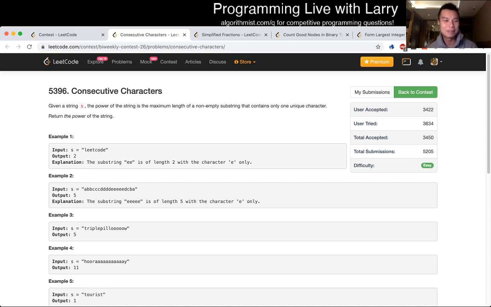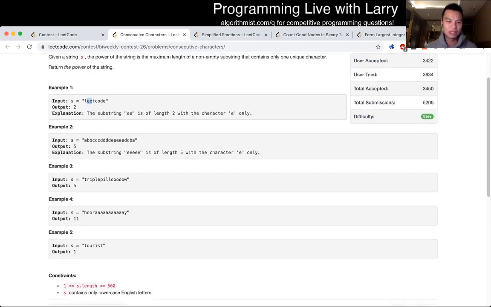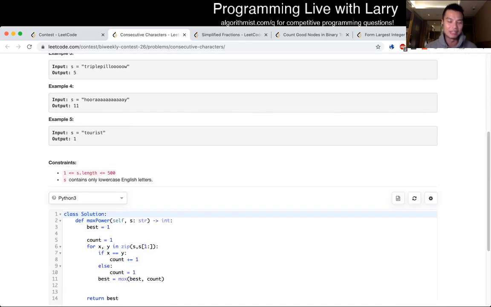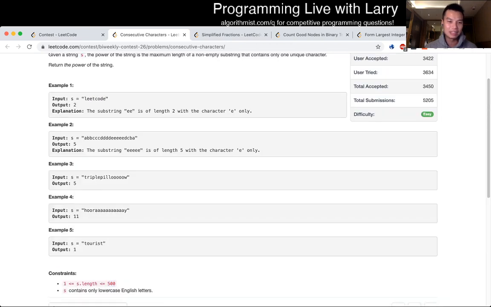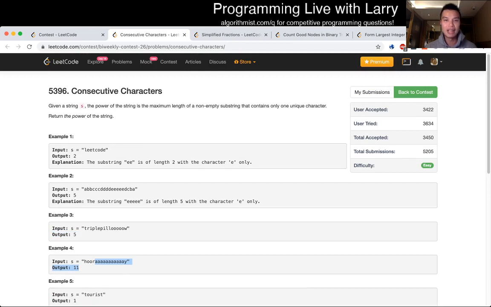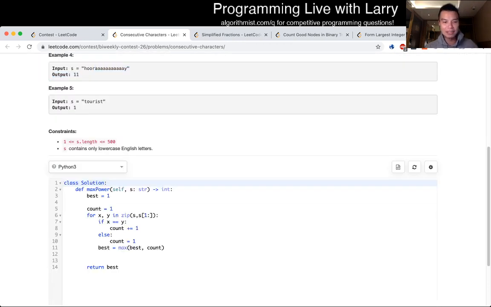Consecutive characters. For this one, it's pretty straightforward. It's just counting the max number of consecutive characters. You could do this in a number of ways, and you don't even have to keep it linear. Just check how many adjacent characters are together and take the max of that.